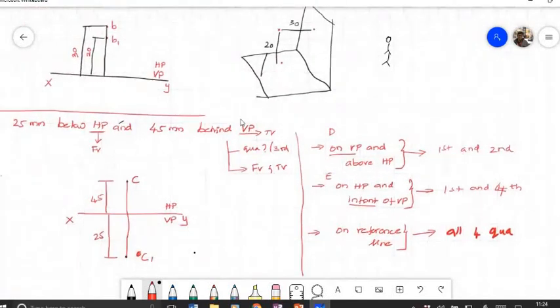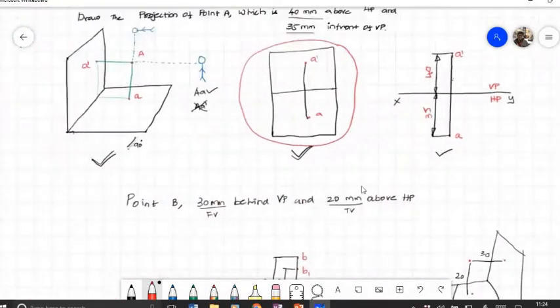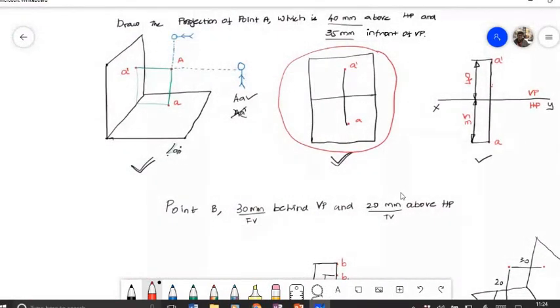Okay, just I want to add, because this concept is relatively new, right? So I just want to add one thing. See, I'll show it here. Point D is on VP and 30 mm above HP. In which quadrant does it belong?